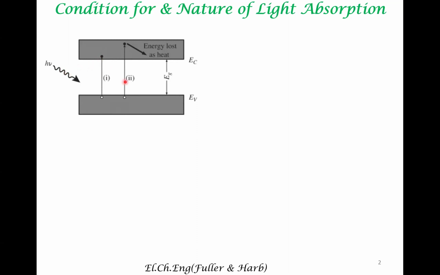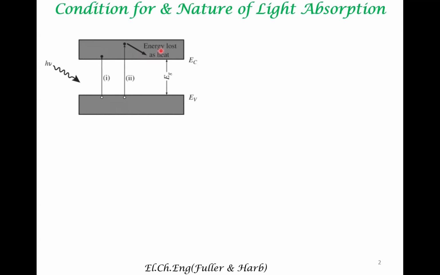If the energy of the photon is much more than the band gap, there will be a hole-electron excitation. Initially, the electron would be in this position because there are a lot of closely spaced electronic energy levels available for the electron in this region. It will quickly relax back to the band edge, so this difference in energy would be lost as heat.